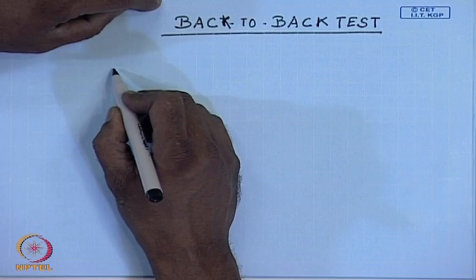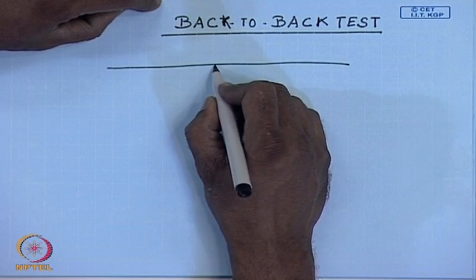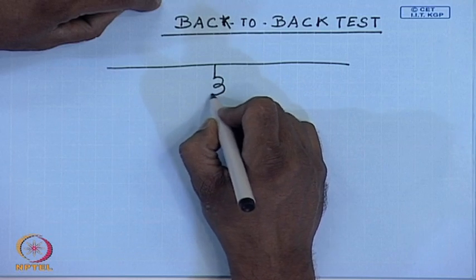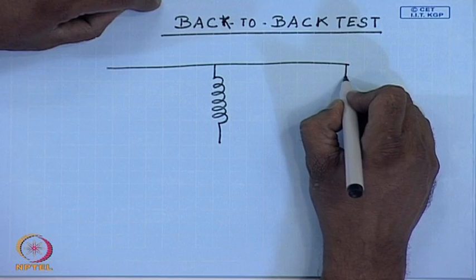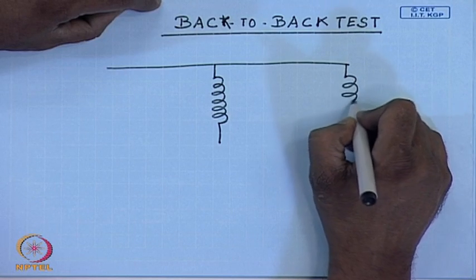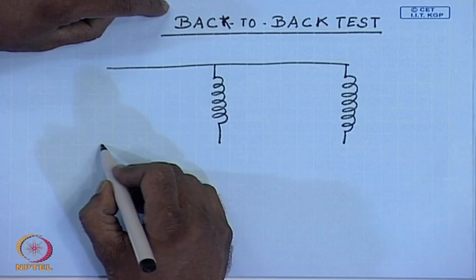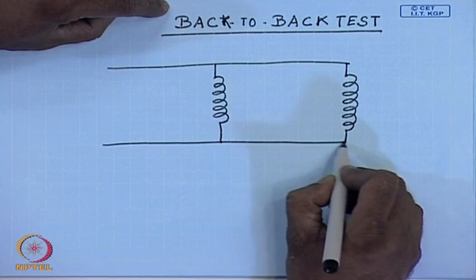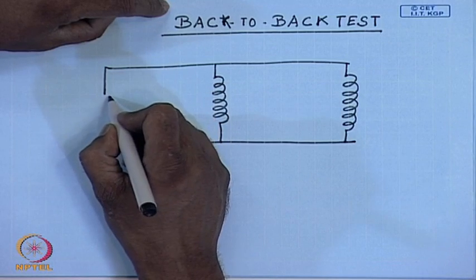The way it is done is the two identical transformers are taken, their primaries are connected in parallel, and it is supplied from a rated voltage source.